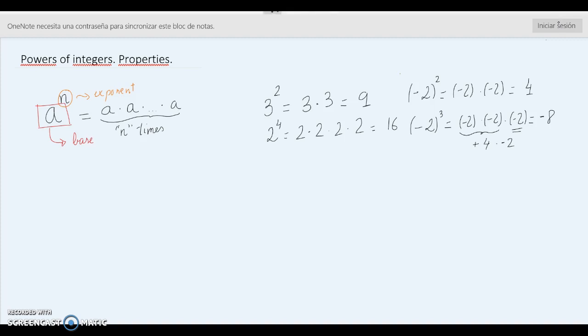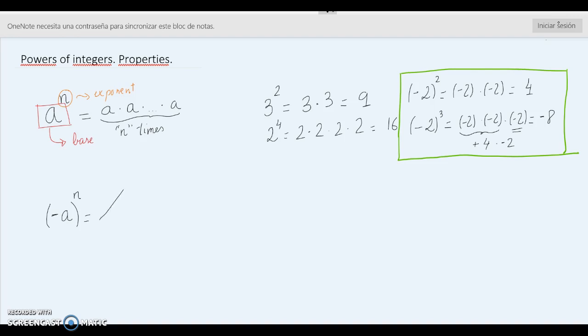So from these two powers, we can get a very important rule. Okay, so I'm going to write the rule here. So imagine that we have a negative number, so I'm going to write minus a, to identify this negative number, to the power of n.